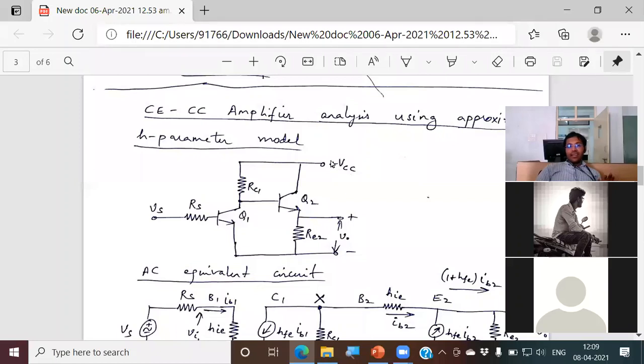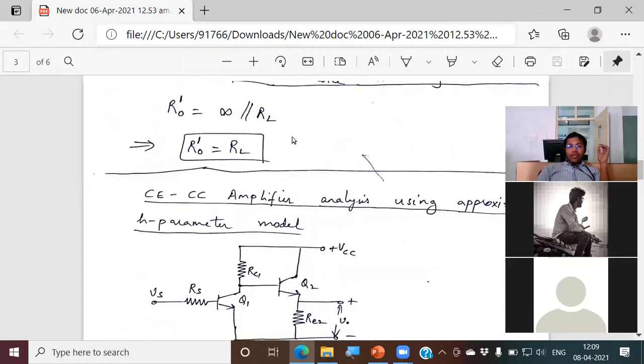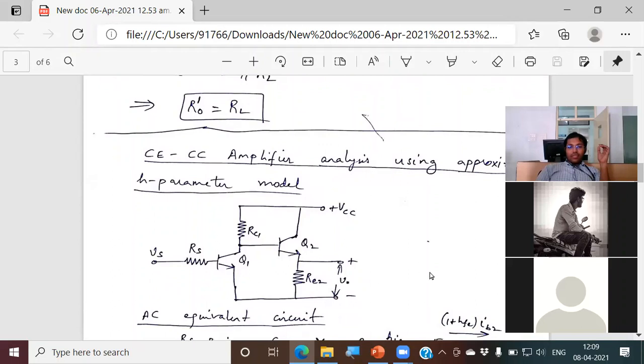So it is as if the collector is grounded: a common emitter amplifier followed by a common collector amplifier. I told you why it is common emitter and why it is common collector.